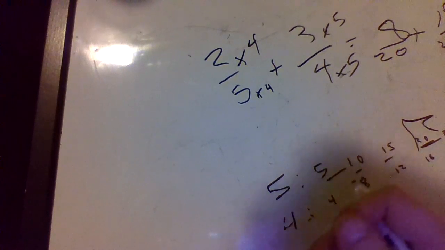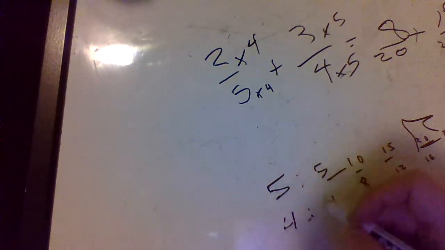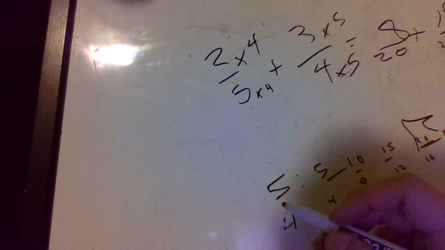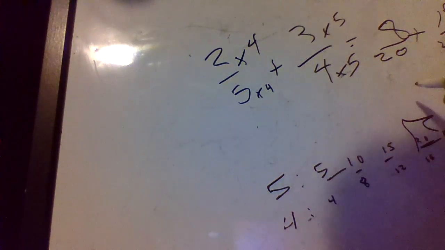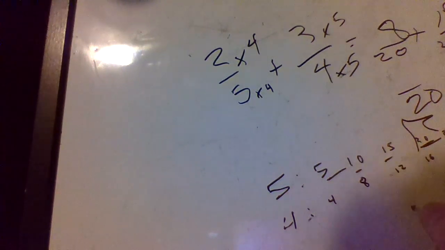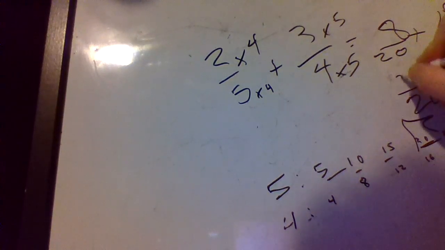So, do we add our denominators? No, never. We bring your denominator straight down and we add our numerators. 8 plus 15 is 23.